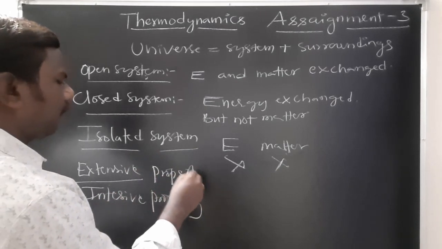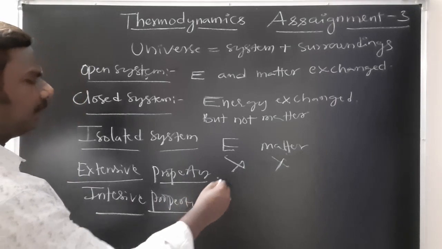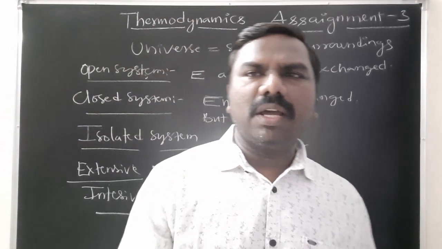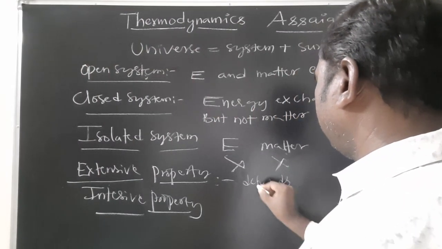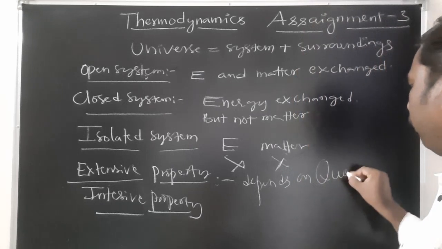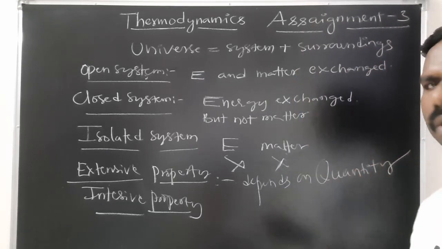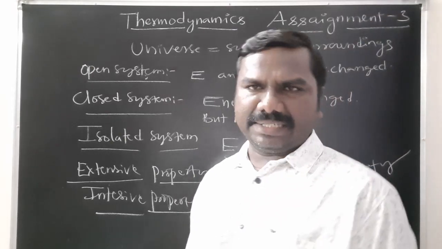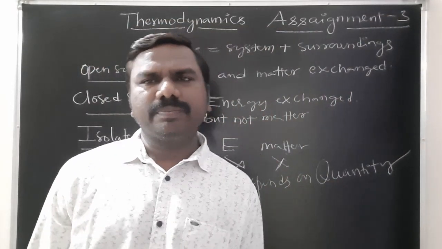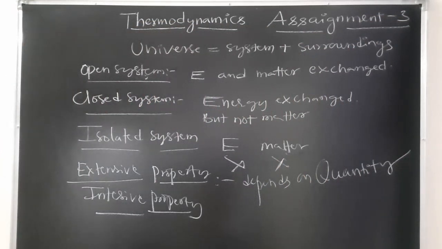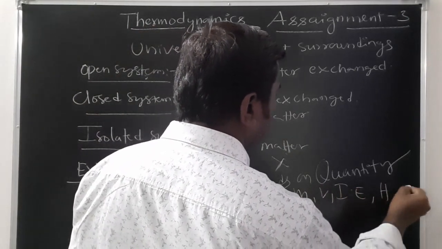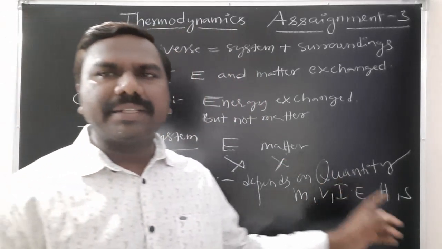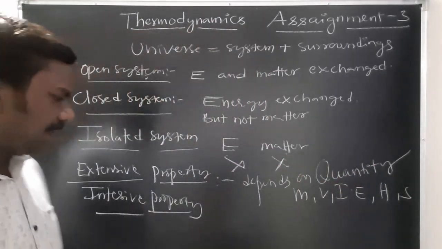The property which depends upon the quantity of matter present in a system is called extensive property, like mass, volume, internal energy, entropy, enthalpy. All of these are under extensive property. Important from the CET point of view.